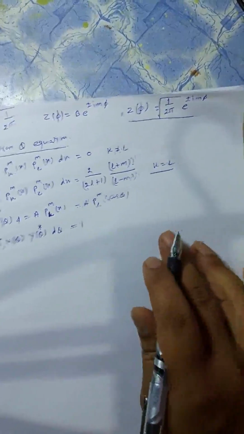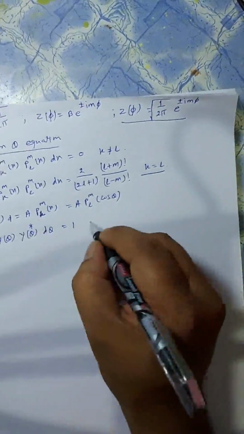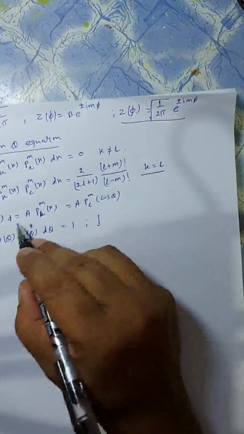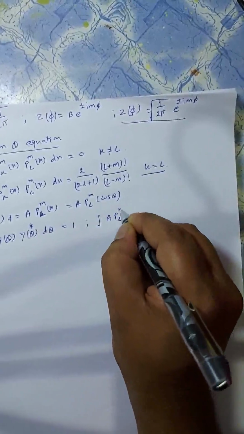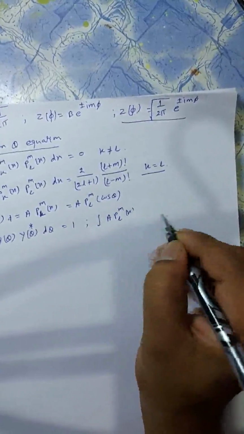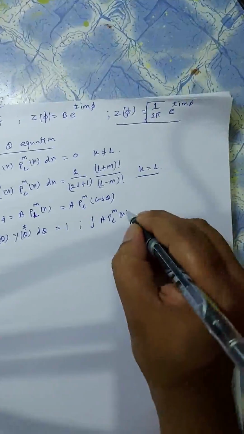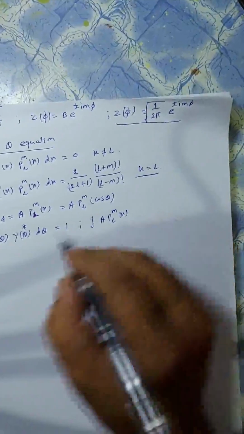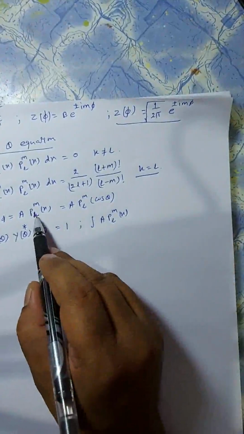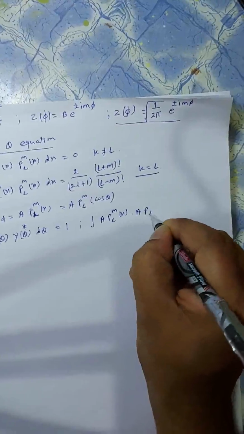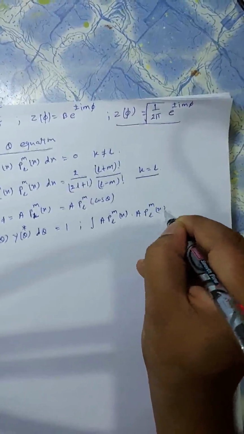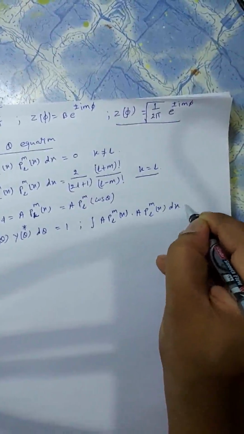You can take x in place of theta. Here Y(theta) is equal to a P_l^m(x), where x is equal to theta. There is no complex conjugate, so there is no sign change. It remains the same. The integral of P_l^m(x) squared dx is equal to 1.